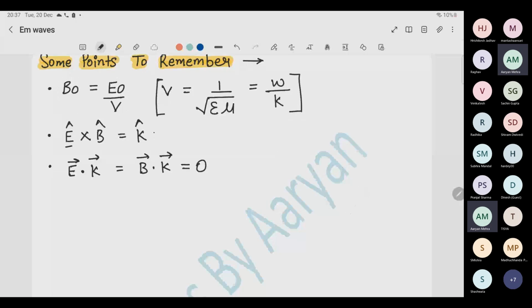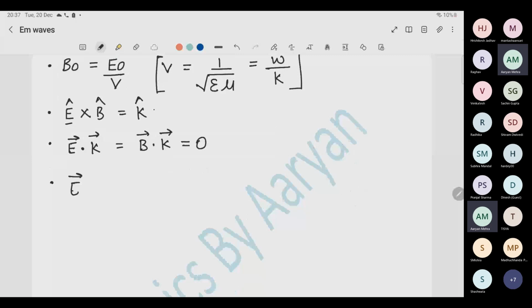Now we have seen what is E dot K and B dot K, but we haven't seen what is E cross K and B cross K. What do you think? Will it be zero or non-zero? Non-zero, right?